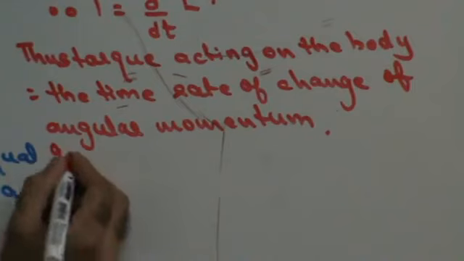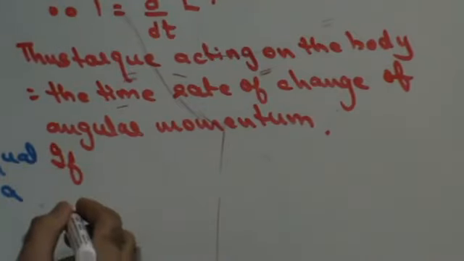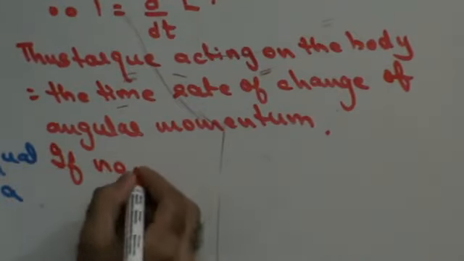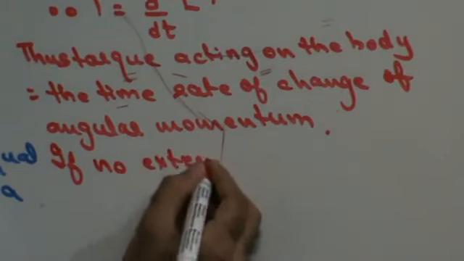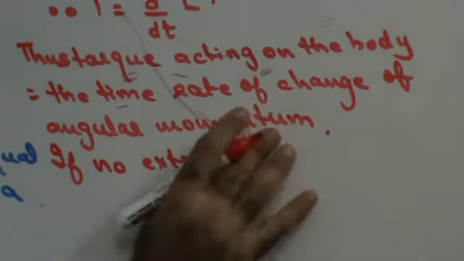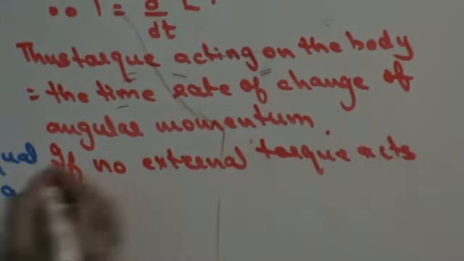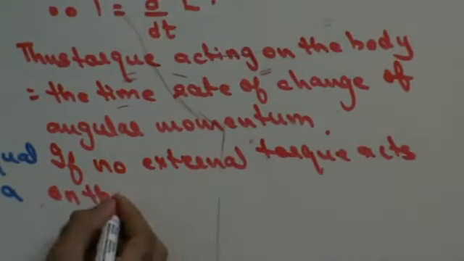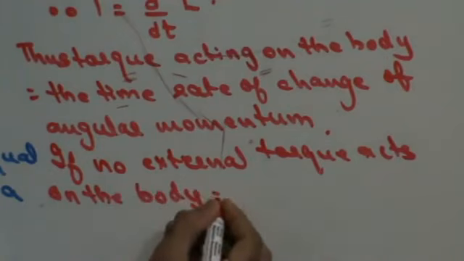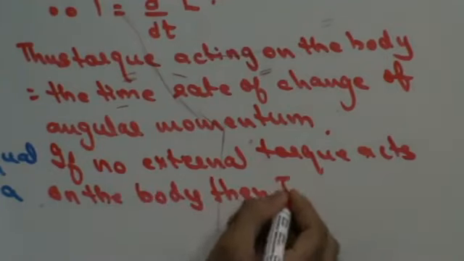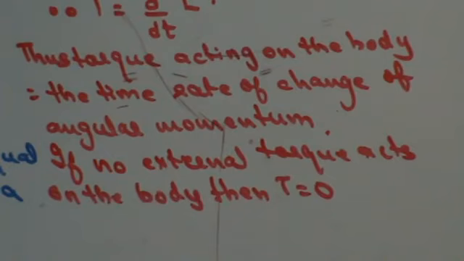So if no external torque acts on the body, then T will be equal to 0.